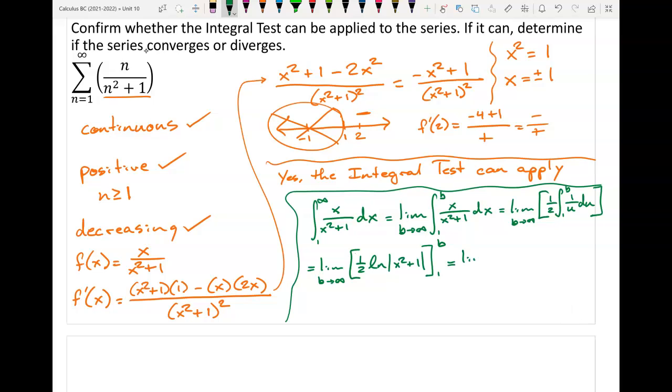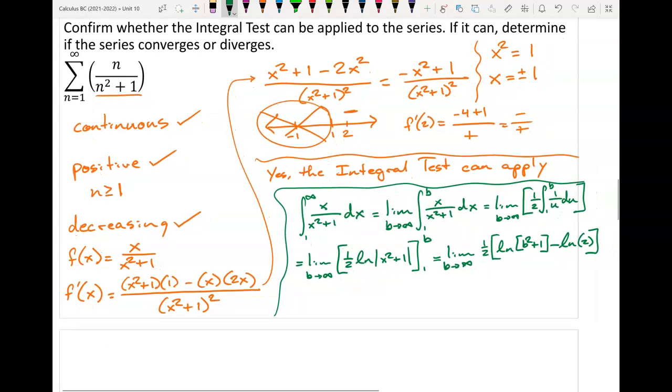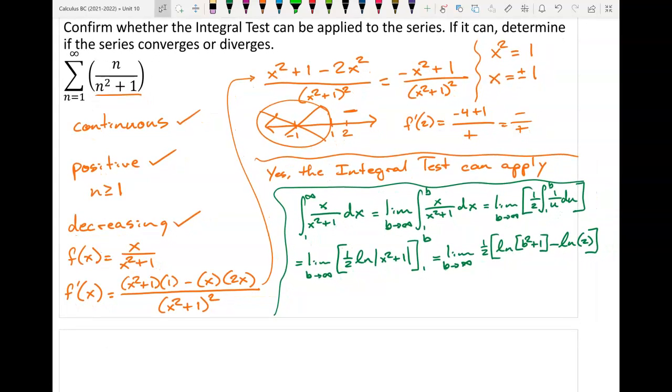All right, so that's going to be the limit as b goes to infinity of 1/2 of the natural log of b squared plus 1, right? Minus the natural log of 2. Okay, so then let's think, if we plug in infinity, do we converge to a value?